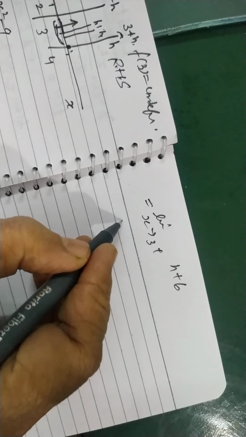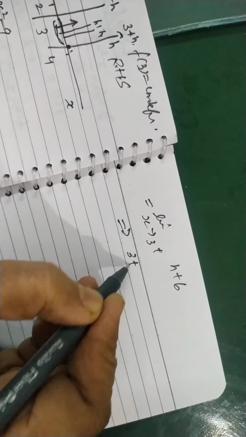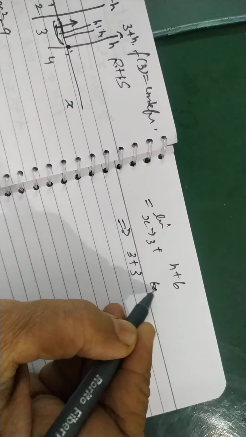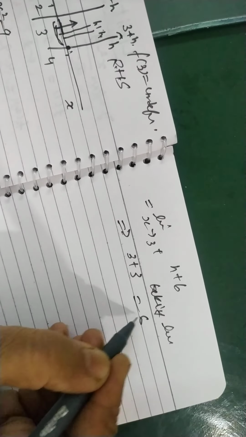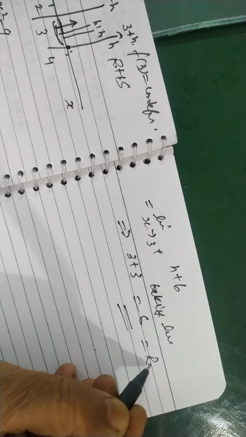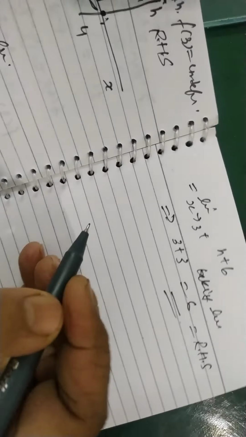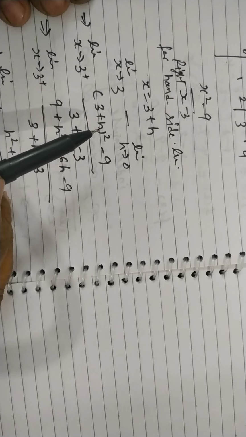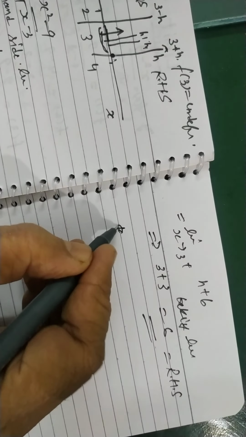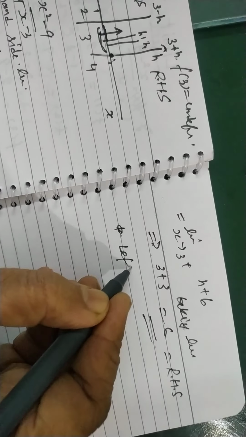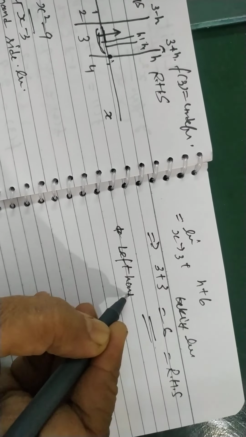Taking the limit, we find 6. This is the right hand side limit. Here h is a very small quantity, that can be imagined. Now left hand side limit.